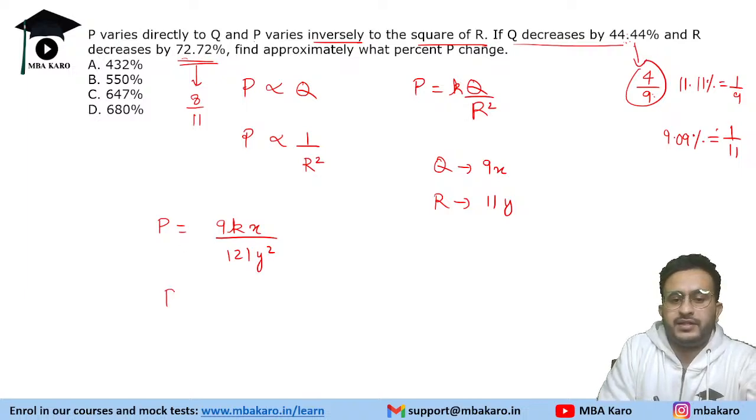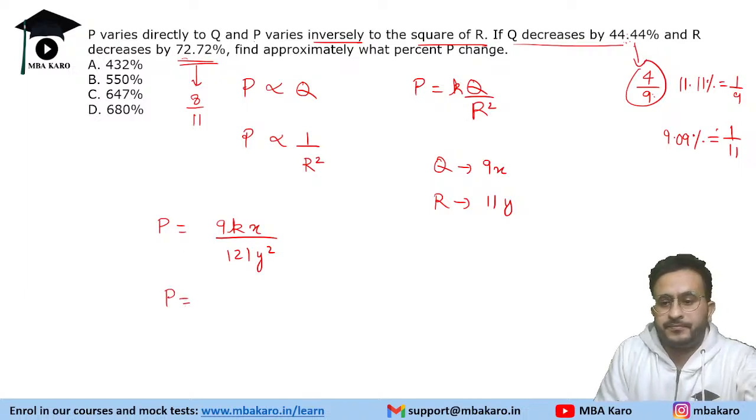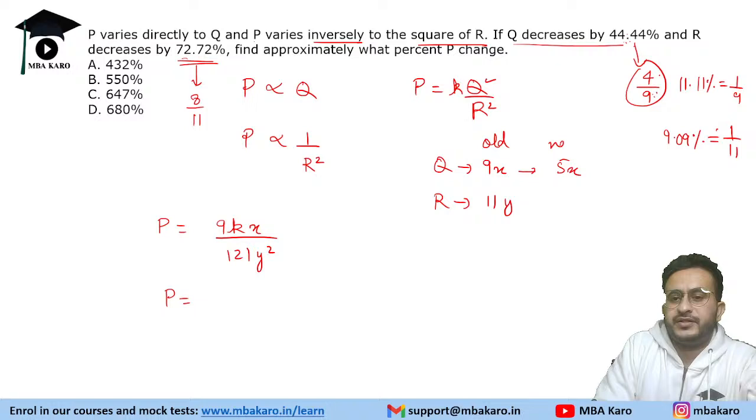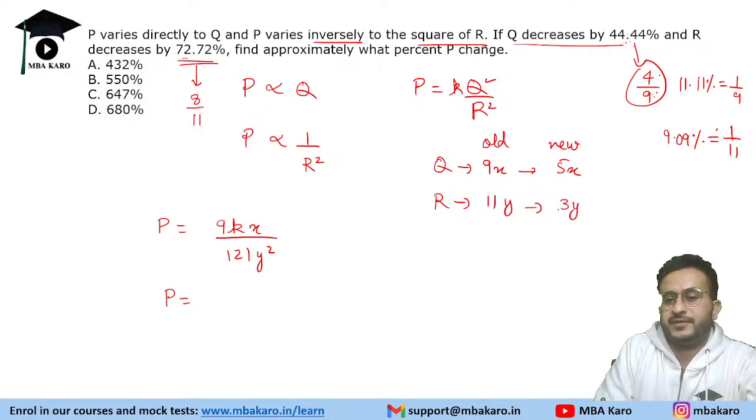Now what is the new value of P? Q has now reduced by 4 by 9, so it has become 5x. This is old, this is new. And 11y decreases by 8 by 11, so it has become 3y.